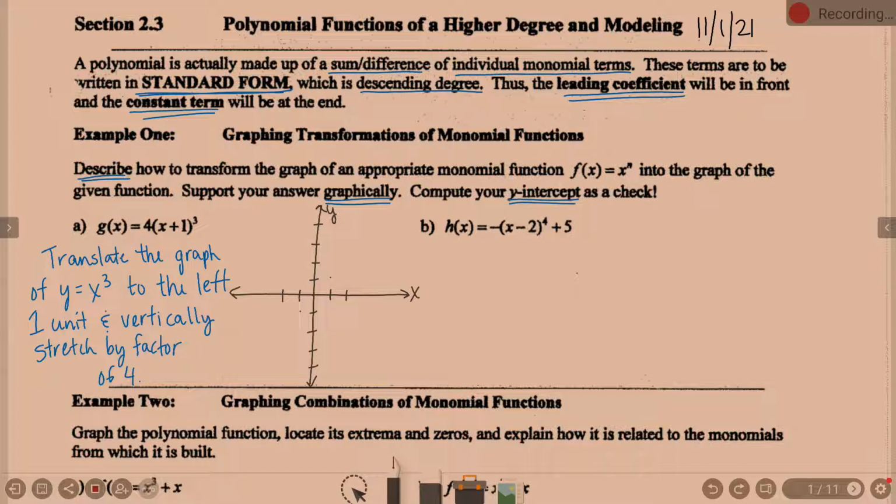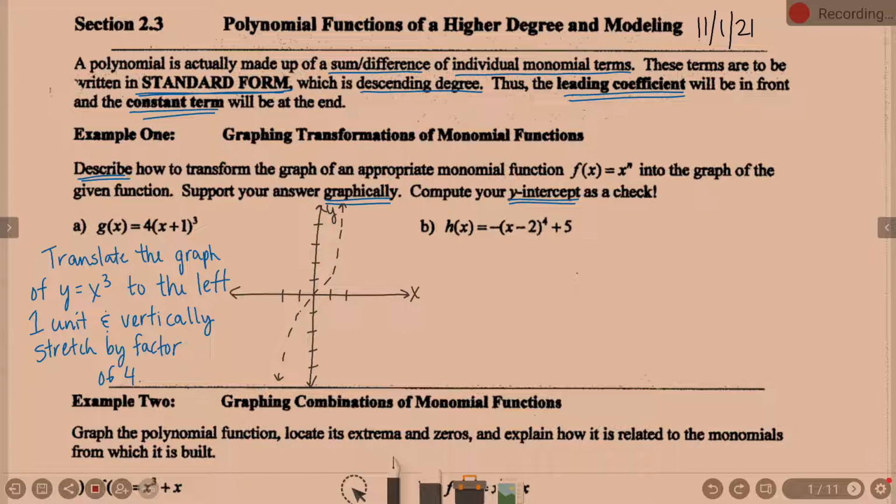The next set of points would be at 2, 8. If we just go off of y equals x cubed, 2, 8. Okay, so this is just kind of a sketch of the original graph, right?